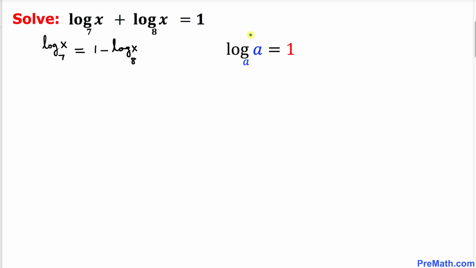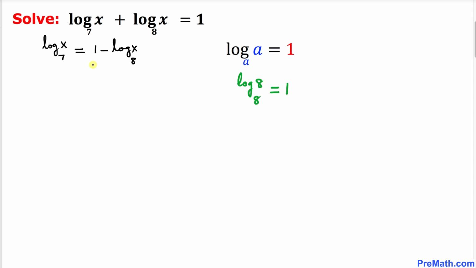Now let's recall this famous logarithmic identity: log of a with the base a is always equal to 1. Now we want to tweak this 1, and it can be written as log of 8 with the base 8, which equals 1.